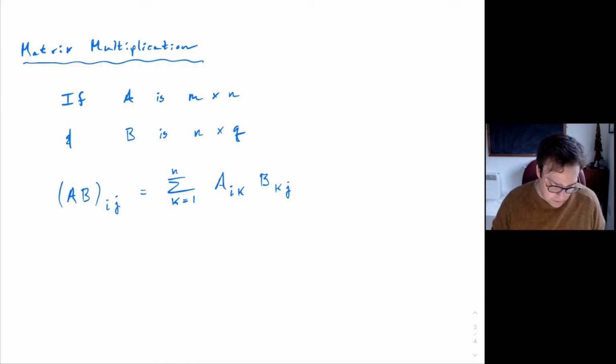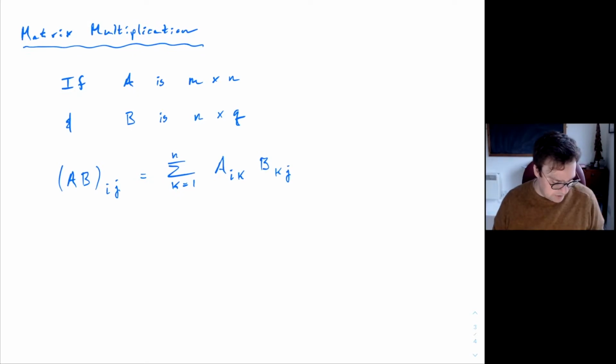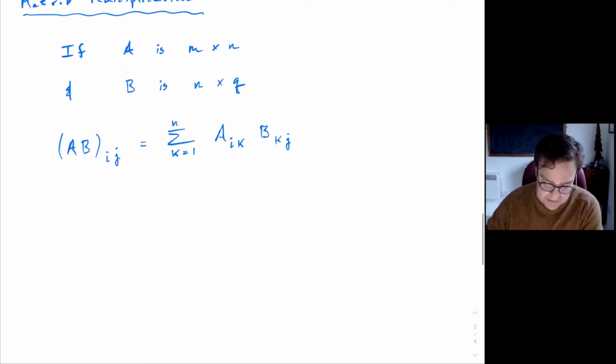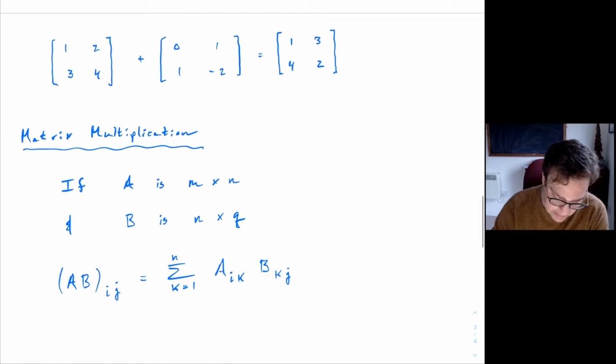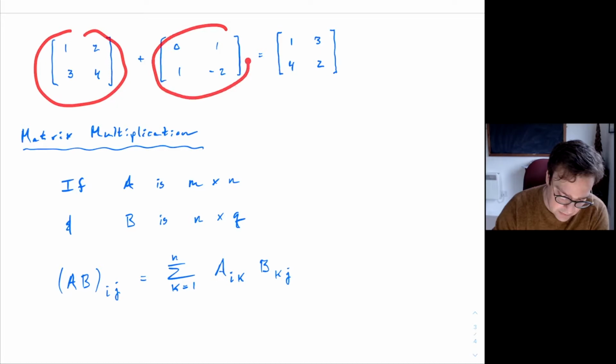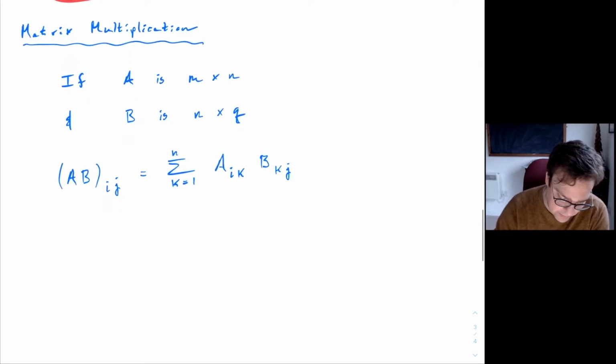There's a lot to say about matrix multiplication, and I think the first thing I want to do is an example, and then we'll talk about some properties that are pretty important. So let's try to multiply these two matrices by each other, and then we'll talk about how that goes.